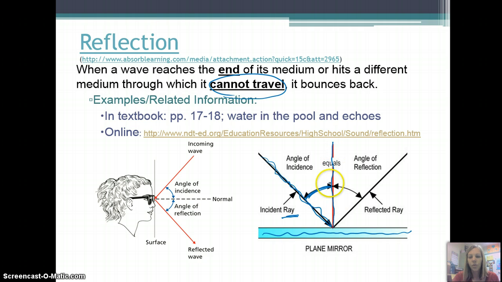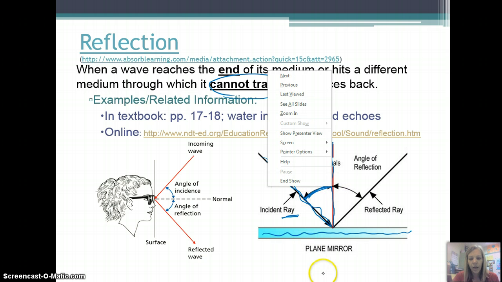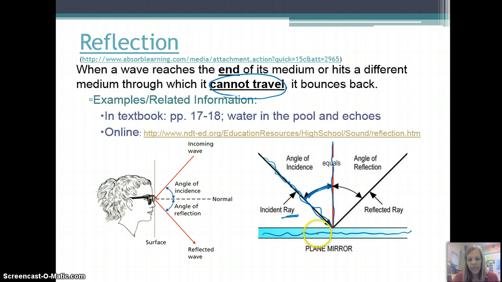And from the normal, we find the angle from there to the incident ray, and that is known as the angle of incidence. I remember this vocabulary term, both the incident wave and the angle of incidence, is because it is the incoming wave, and so therefore it also be the angle of incidence.